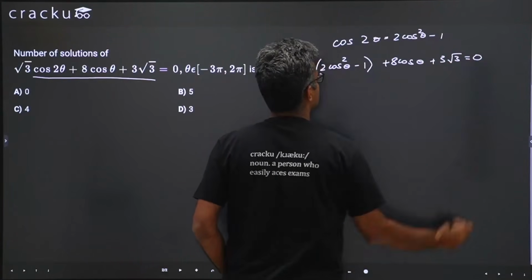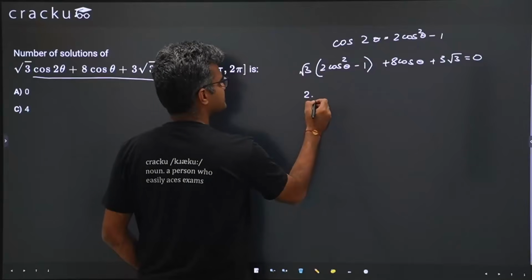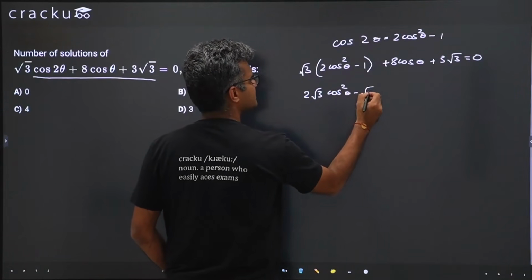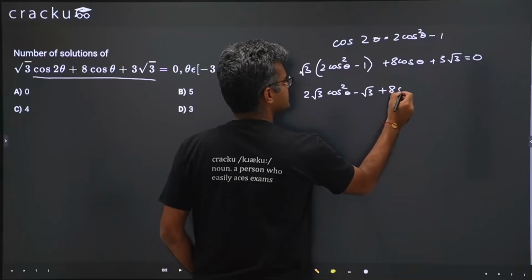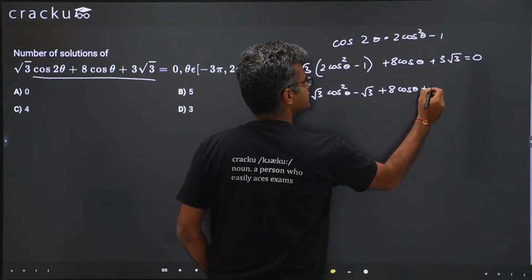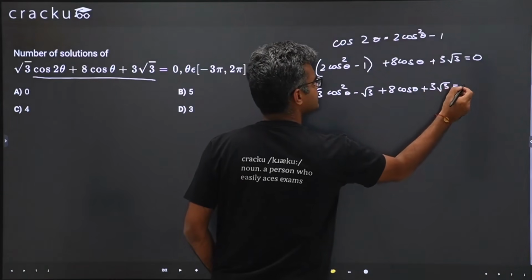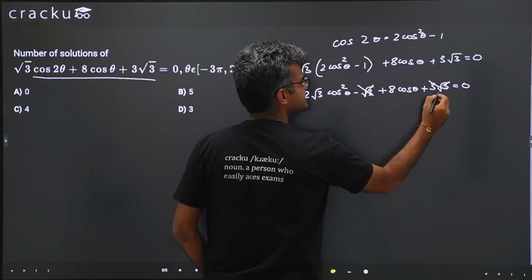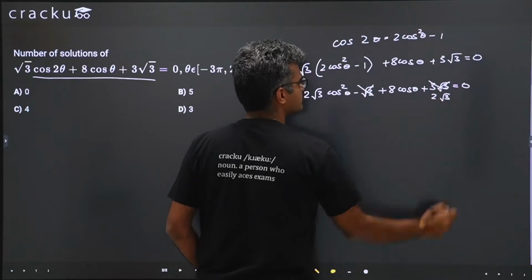is equal to 0. If you are simplifying it, it is 2 root 3 times cos square theta minus root 3 plus 8 cos theta plus 3 root 3 is equal to 0. This is minus root 3, this is plus 3 root 3, so this is plus 2 square root of 3.